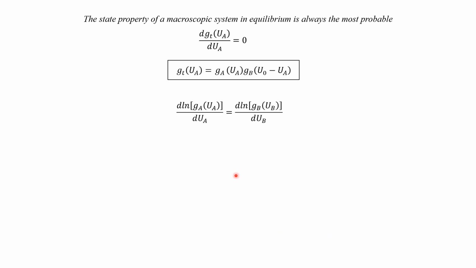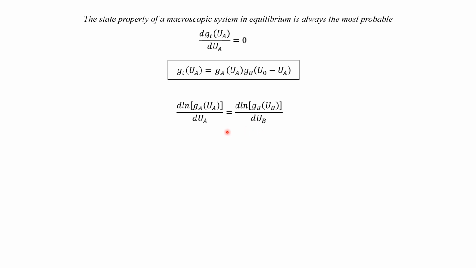So we have found then that this condition, the condition that maximizes the multiplicity of the total system, is reduced to this condition. The derivative of the natural log of the multiplicity evaluated at the energy UA with respect to the energy UA must be equal to the derivative of the log of the multiplicity of system B evaluated at the energy UB with respect to UB.